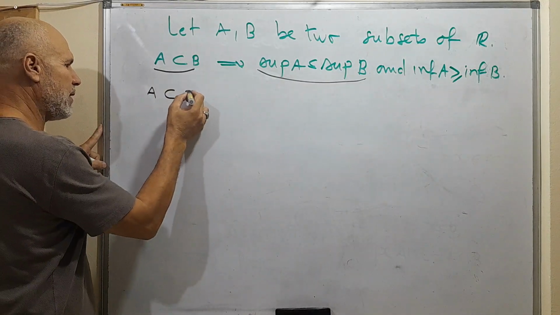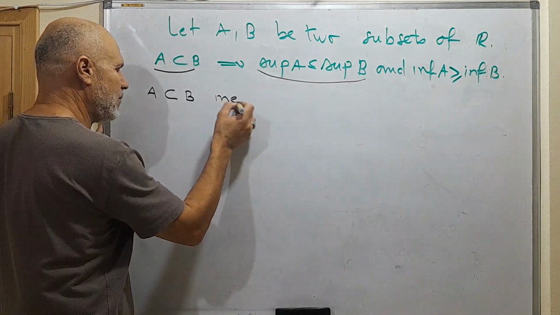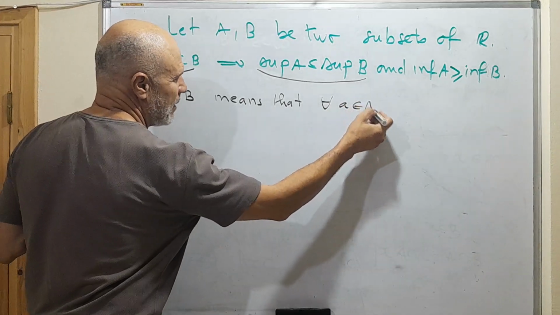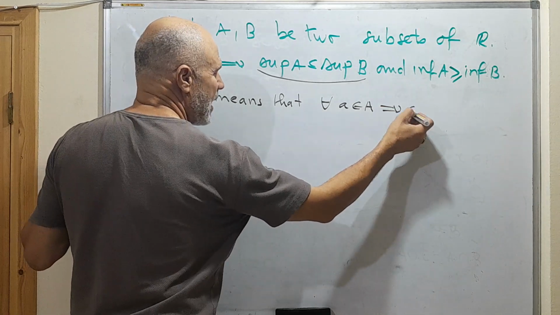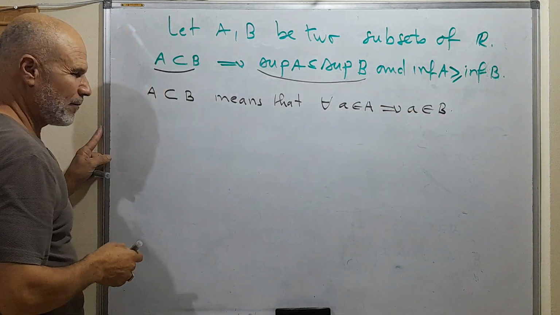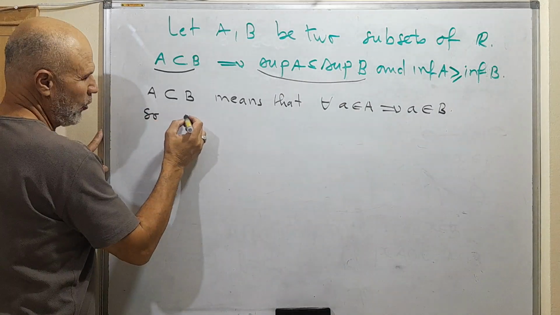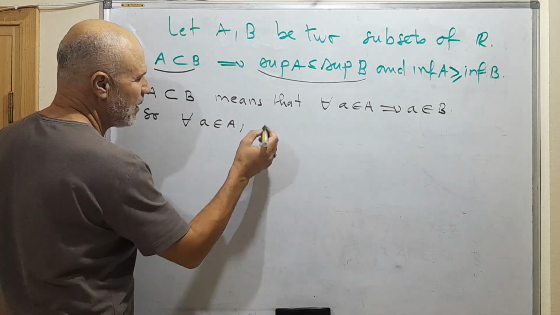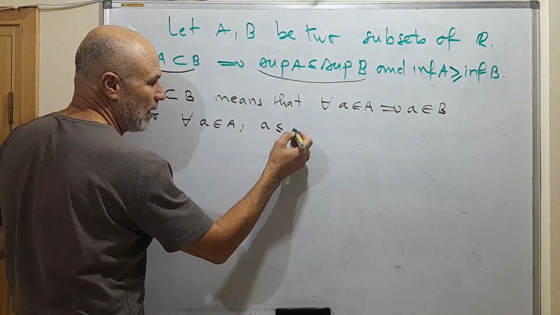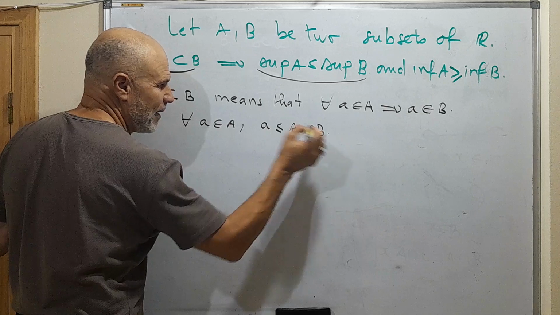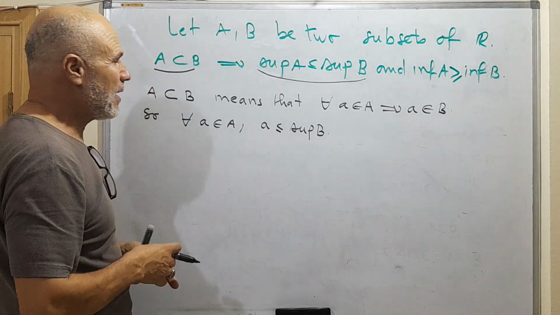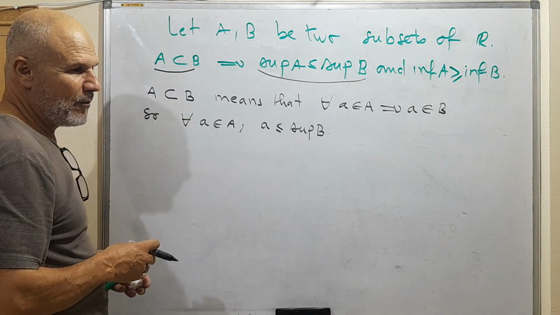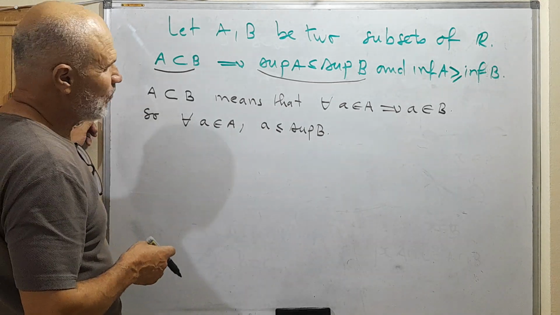A included in B means that for all a in A, a is in B. So for all a in A, a is less than or equal to the supremum of B, because here we suppose that A and B are two bounded subsets, and that the completeness axiom is valid.